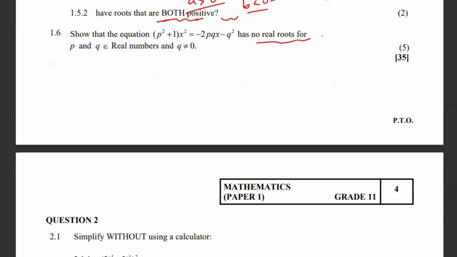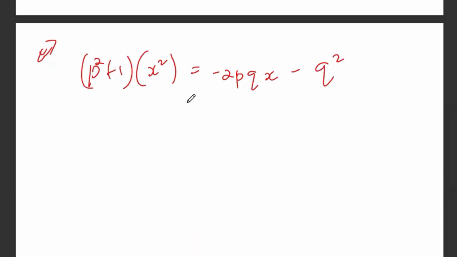Let's open it up and express the whole thing in the general form of ax squared plus bx plus c, so that we know what our a, b and c are, and then we shall draw a conclusion from that point. So we already have x squared, meaning all of this is our a.